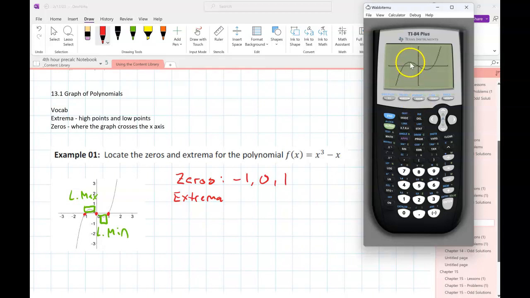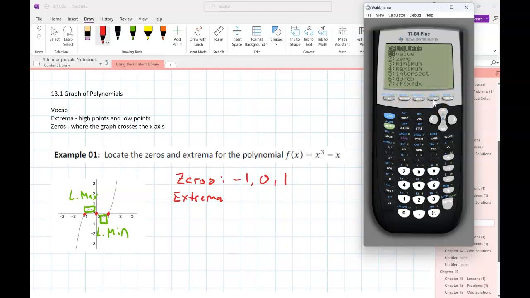So let's say we want to find this one first, the local max. Where do I go to find that now on my calculator? Do you remember? Press second and trace.